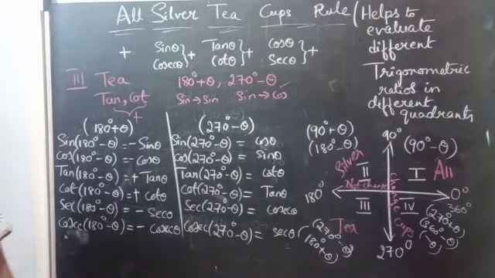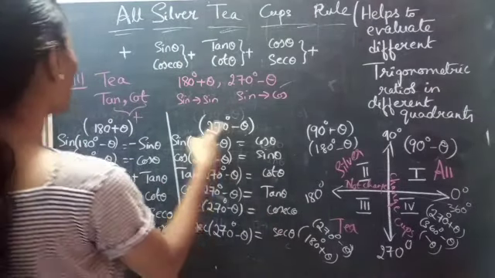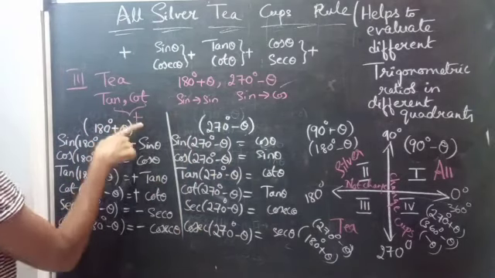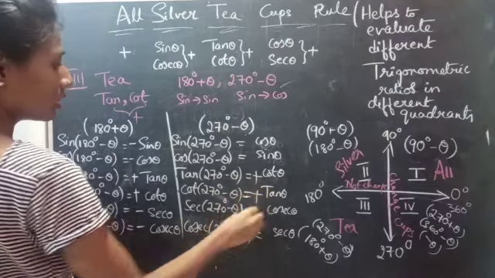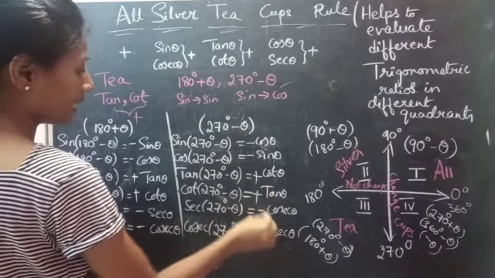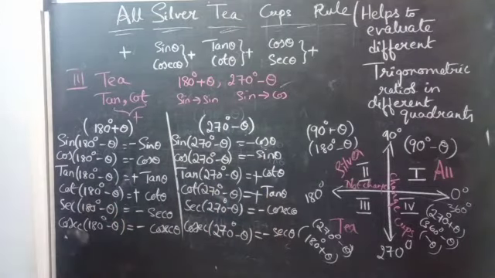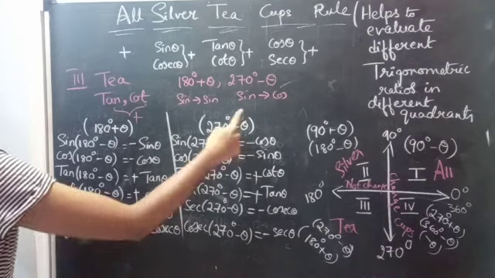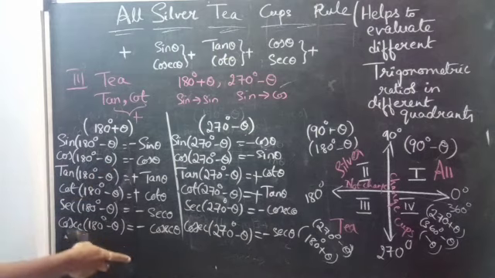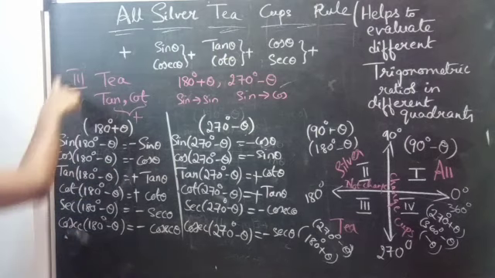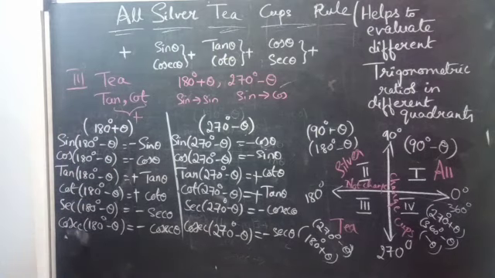Signs depend on the quadrant rule. Tan and cot are positive, and the remaining are negative. This is for 270 degrees minus theta. This is for 180 degrees plus theta. That is trigonometric ratios in the third quadrant. Okay.